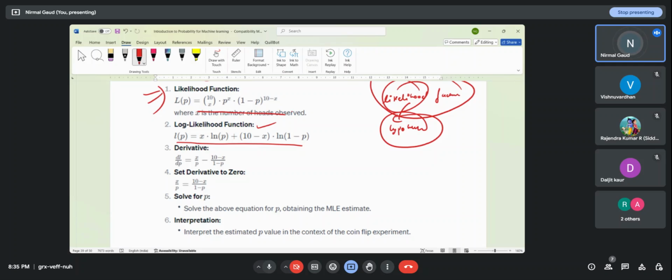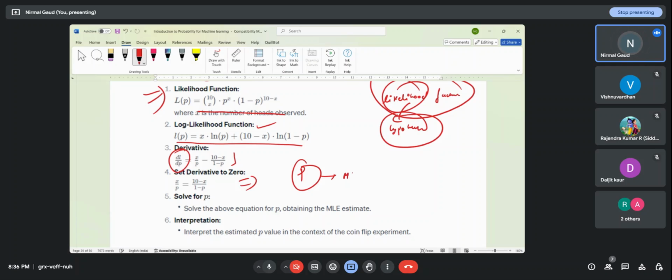And then I perform the differentiation. Okay, del L by del p. So this is what you got, del L by del p, and then you have to equate it to zero to find the value of p.